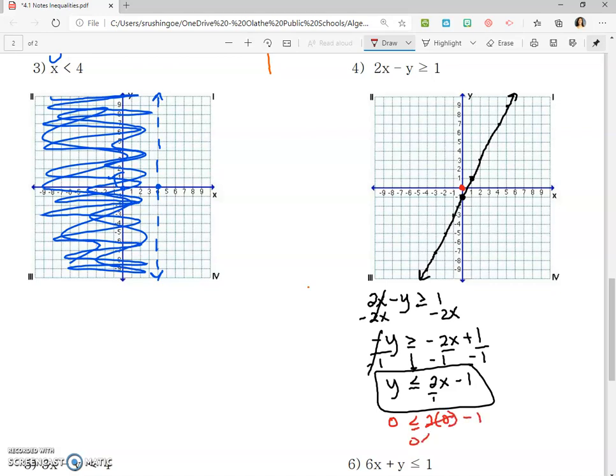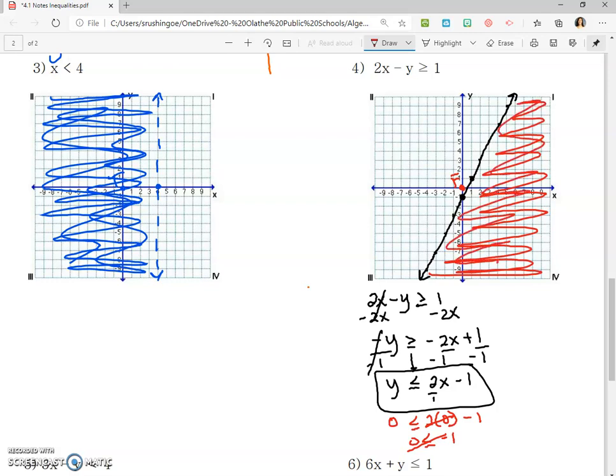So is 0 less than negative 1? No. 0 is not less than negative 1 because if I look at a number line, 0 is greater than negative 1. It's on the right side, so 0 is bigger. So that is false. So this being false means I'm going to shade this side, not where 0, 0 is.